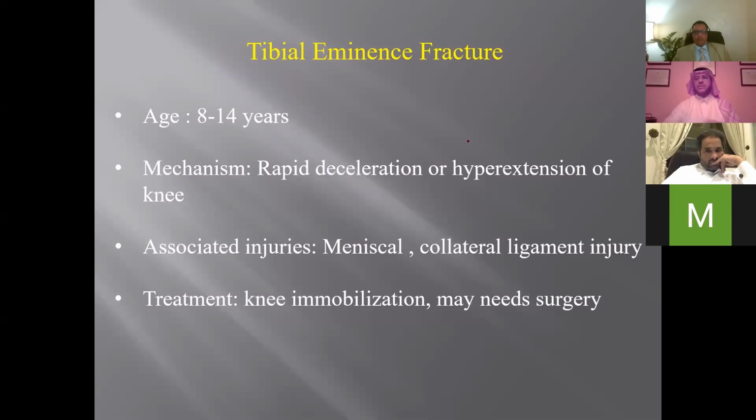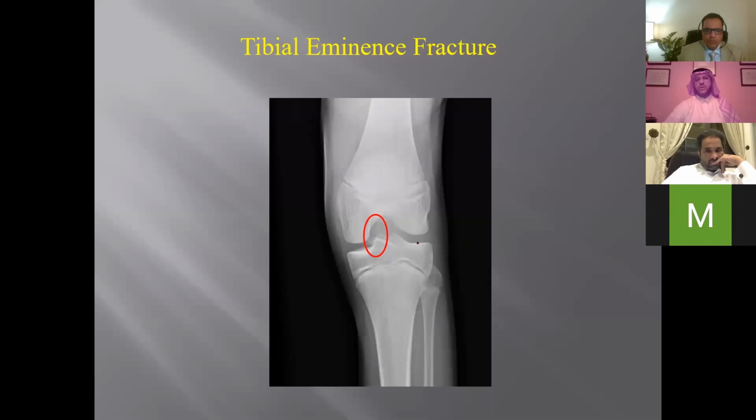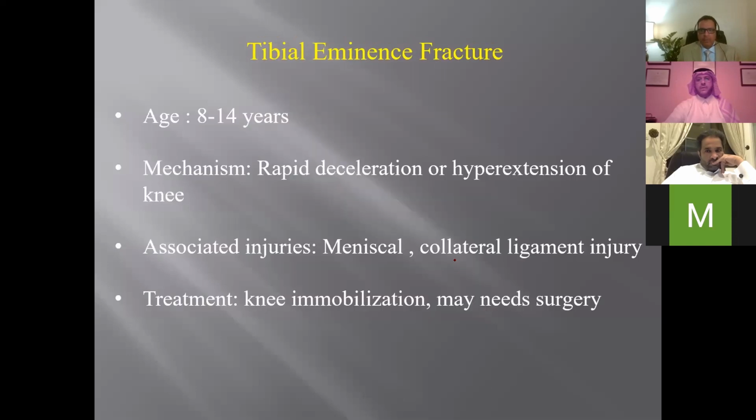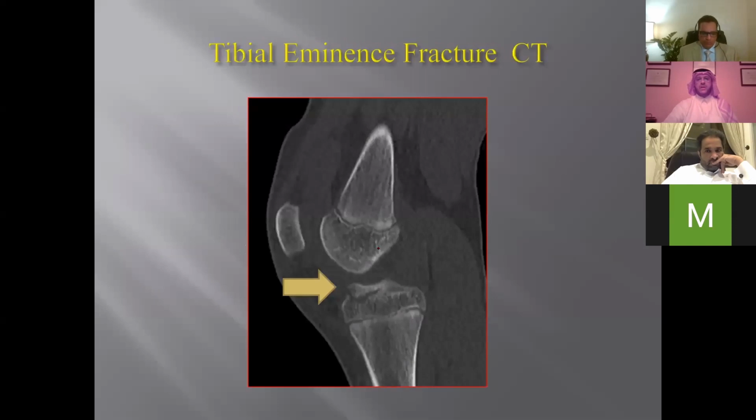So it's very important to focus when you look at knee X-ray. The treatment is conservative and sometimes needs surgery. Again, this CT scan shows the tibial eminence fracture. As you see, this is the avulsion of the tibial spine by CT scan.